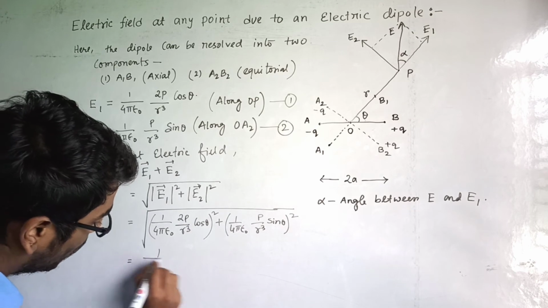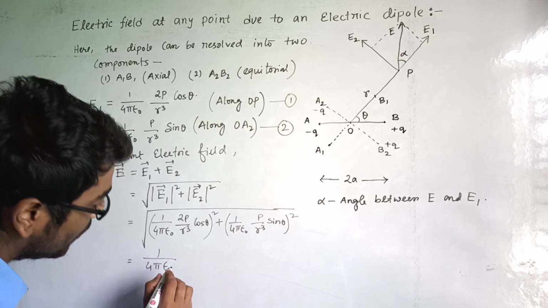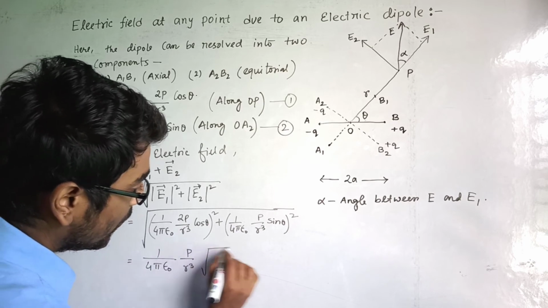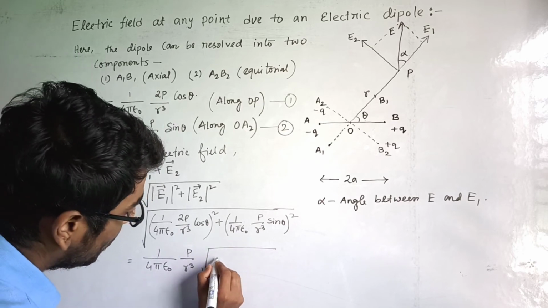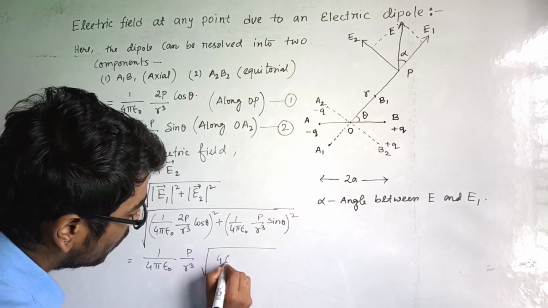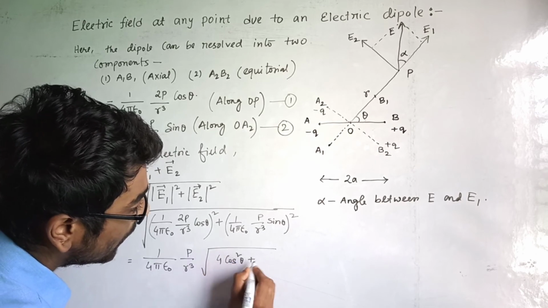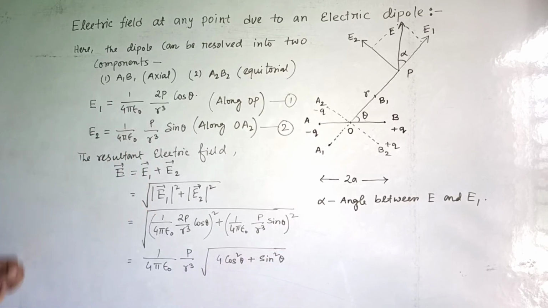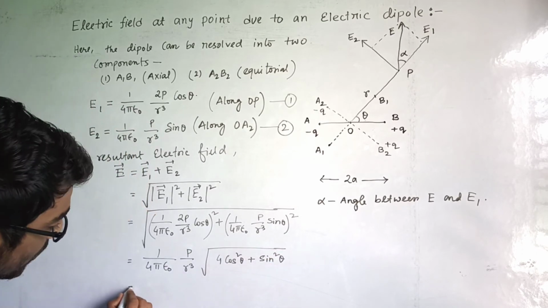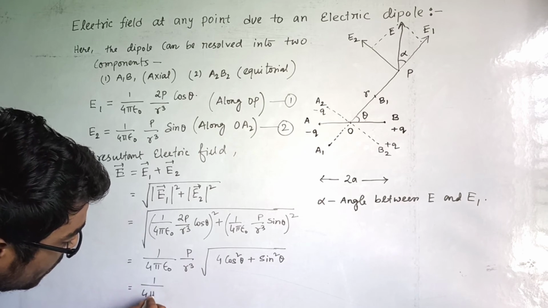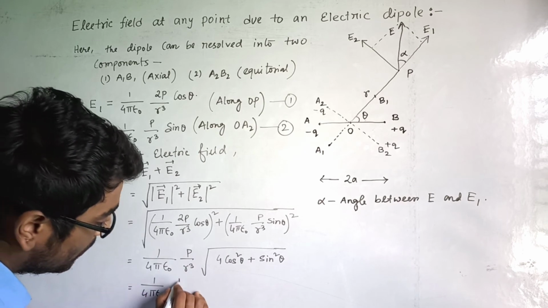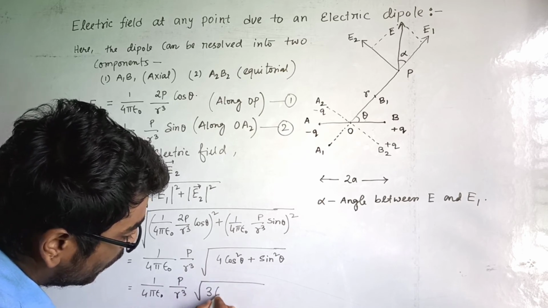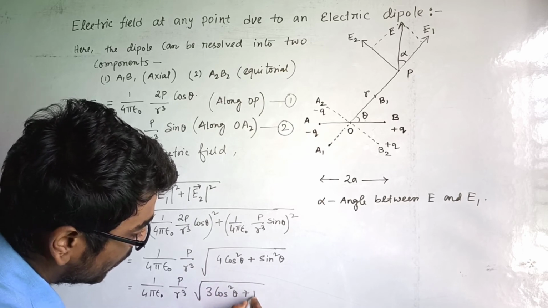If we take out common 1 by 4 pi epsilon naught p by r cube, under root there will be 4 cos square theta plus sine square theta, which can be written as 1 by 4 pi epsilon naught p by r cube under root of 3 cos square theta plus 1.